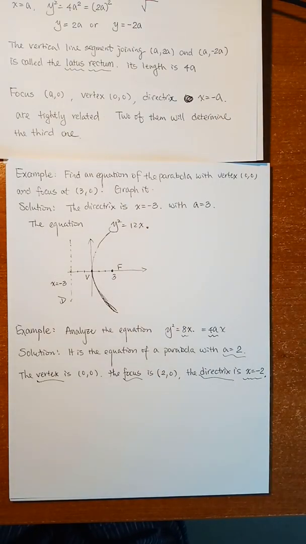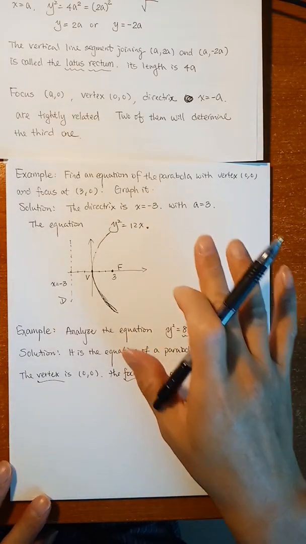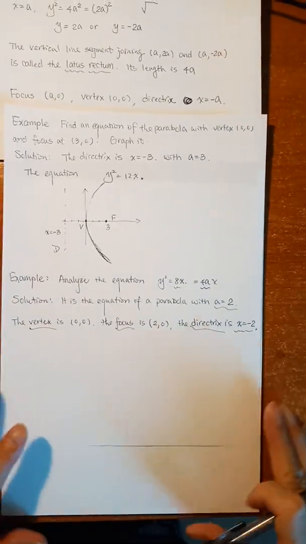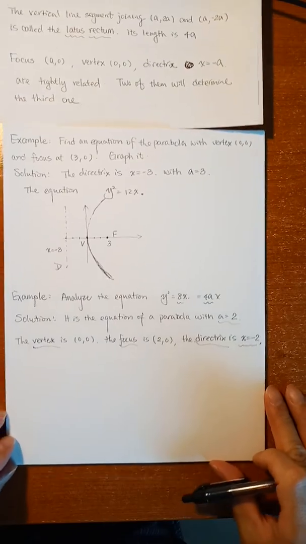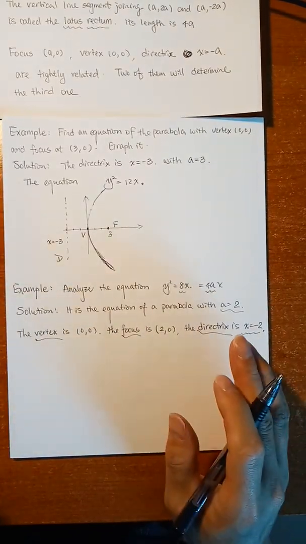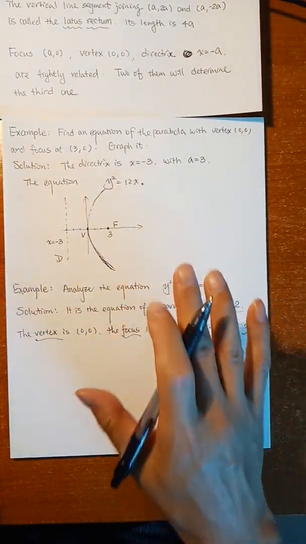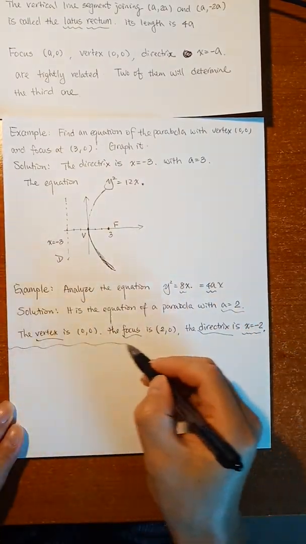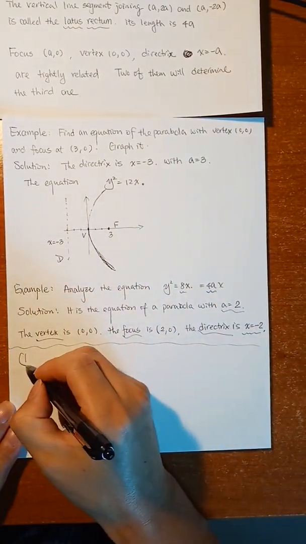Okay, so this is our special setting for the study of a parabola. Of course, we have other settings. This is the first one. Let's see other 3 types of settings. Okay, the first one, let me summarize it here.